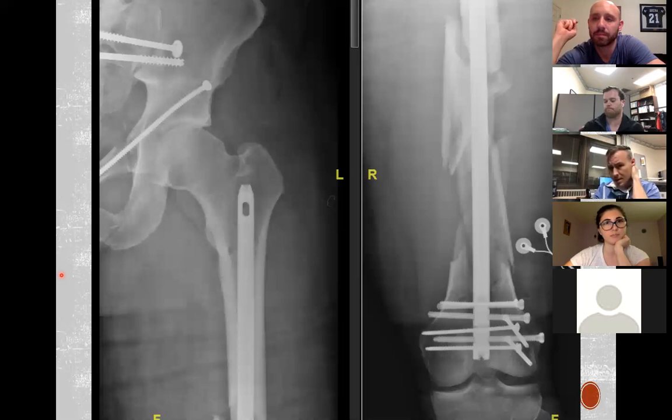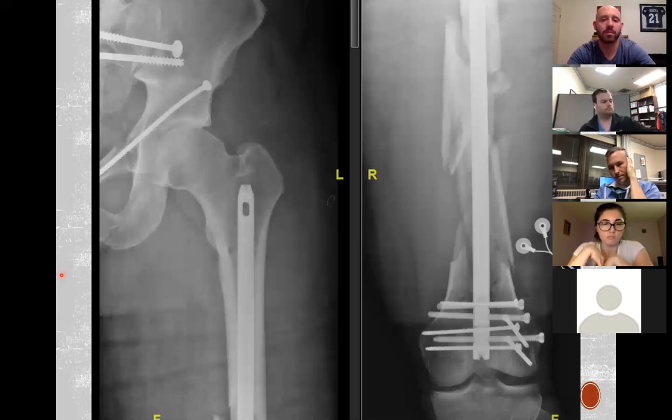So this patient did get a pelvic sheet. The indications for putting a pelvic sheet on are a patient who has an expanded volume pelvic fracture who is exhibiting hemodynamic instability.